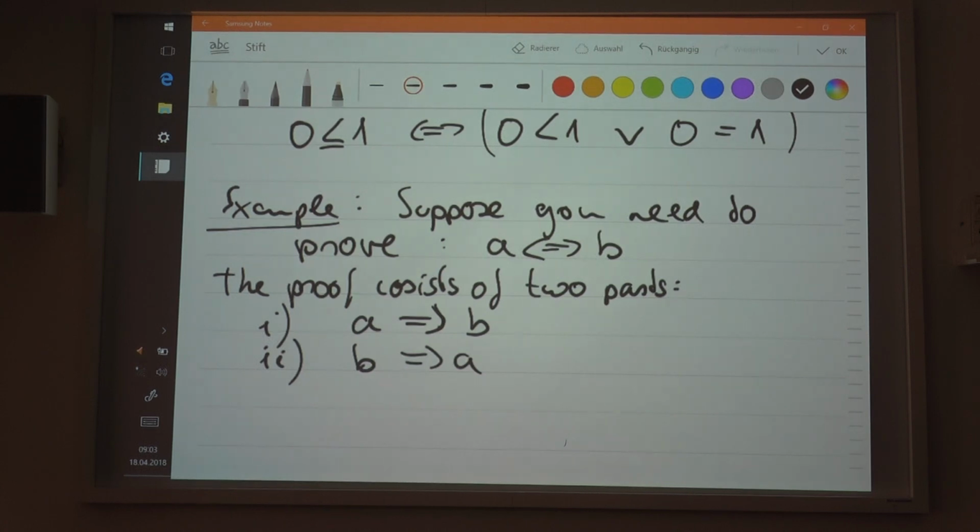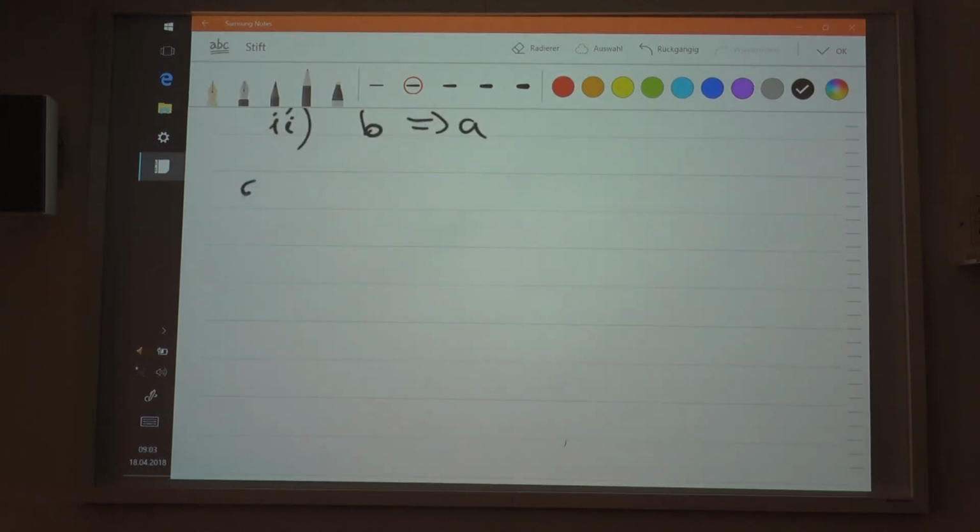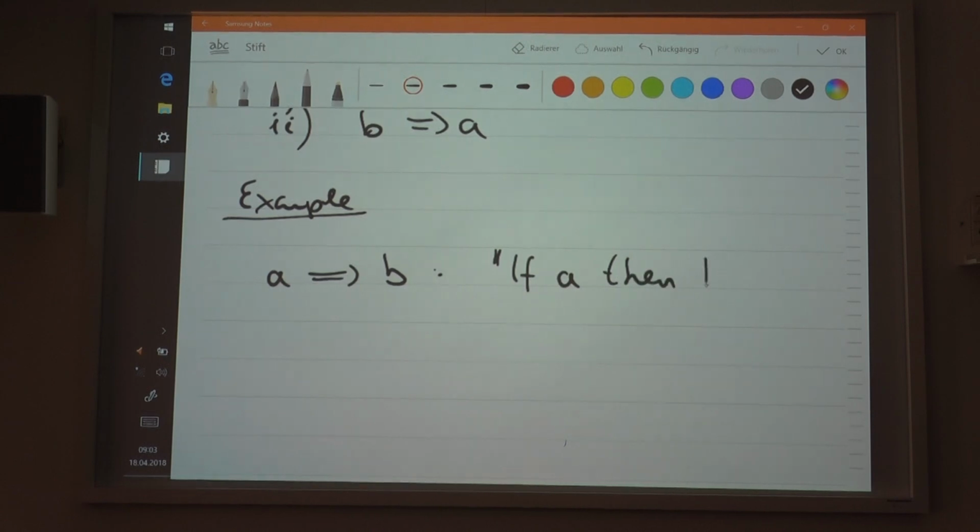Now, if you read something, how would you recognize sufficiency, necessity, or equivalency? Let me give you an example. Suppose that you want to say that A is sufficient for B. What you see in the text, for instance, is: if statement A is true, then B. This is how it is denoted.